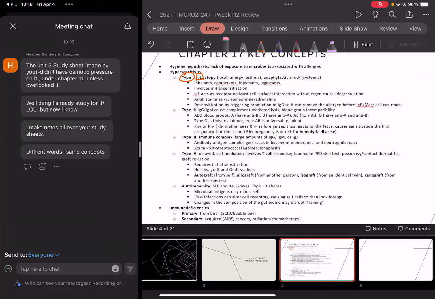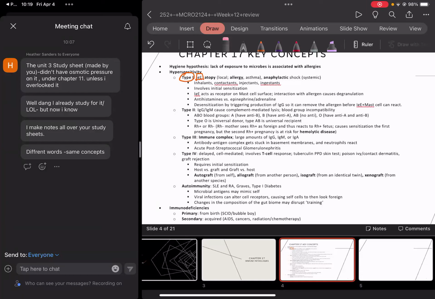That can be atopic, which just means local, and this includes typical allergies like hay fever, asthma, and eczema. Those are all local responses due to IgE causing mast cell degranulation. Then we have anaphylactic shock, which is a systemic response. Anytime the signals are being sent through the bloodstream and throughout the body, we get an anaphylactic shock response.